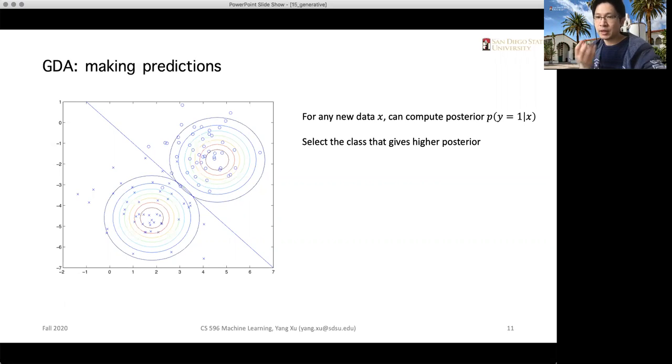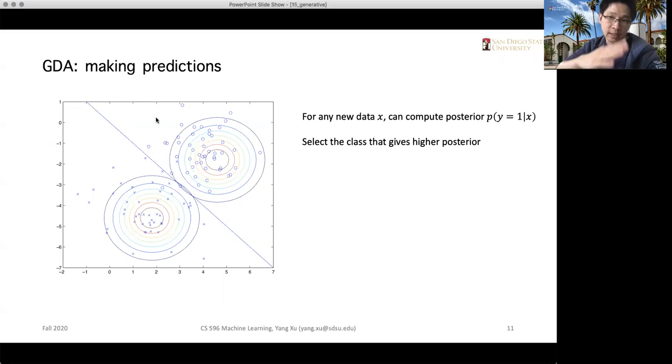Basically, one peak is centered at the positive examples, and the other peak is centered around the negative examples. And for any new data, we can compute the posteriors using the mus, sigmas, and the phis, and then we select the class that gives us the higher posterior, right? So this straight line in the middle is the decision boundary.